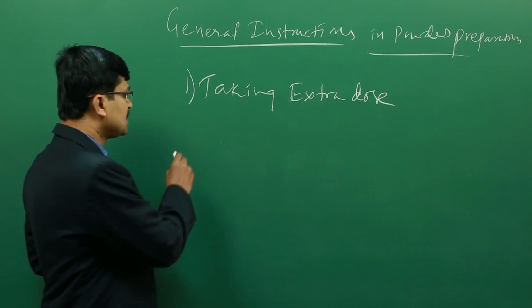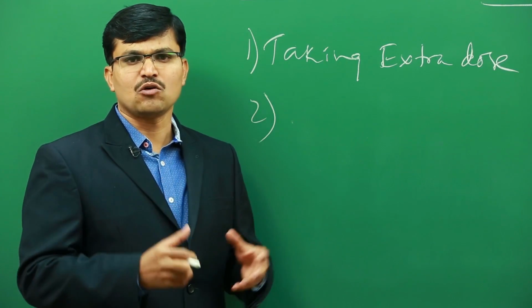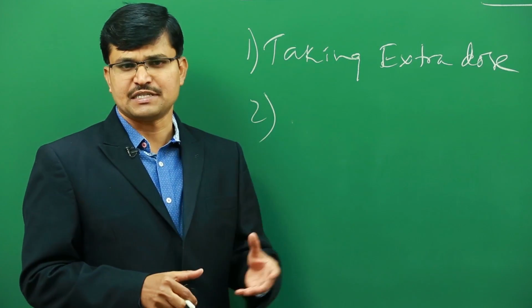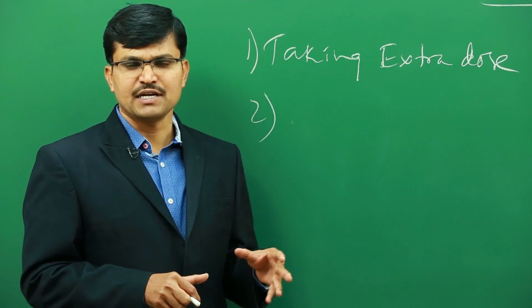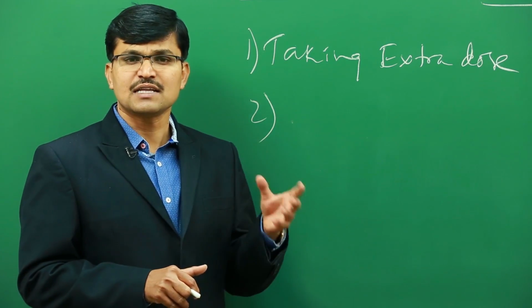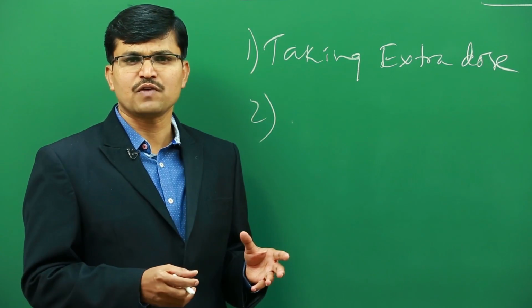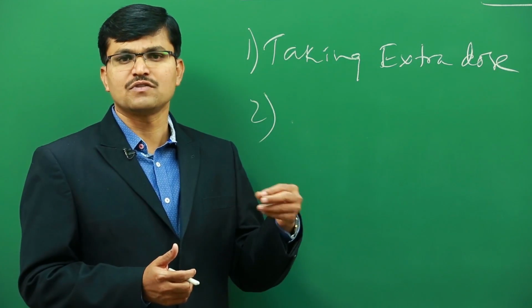And the second one is, if the weight of the component is a fraction of the weights, that is, if the weight of the component which has to be weighed is a very small quantity, or if it is a fraction of the weights, in that situation it's not possible to weigh the fraction of the weights in all balances.